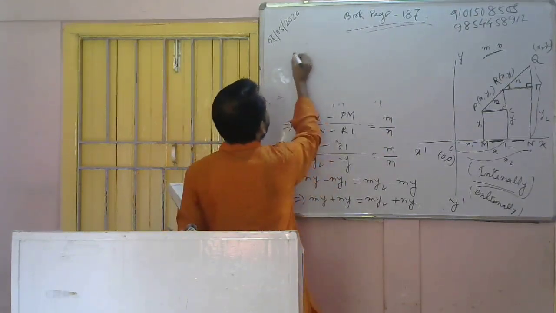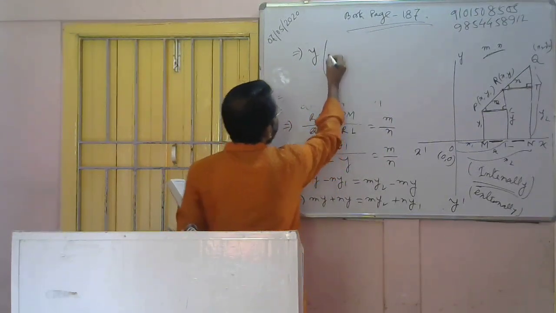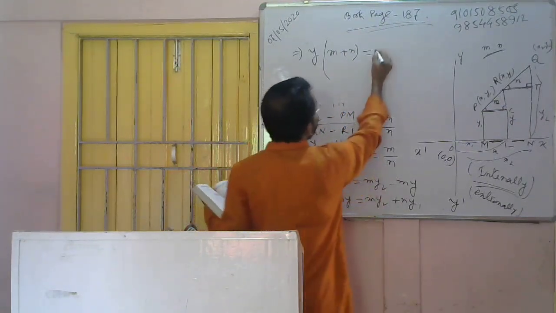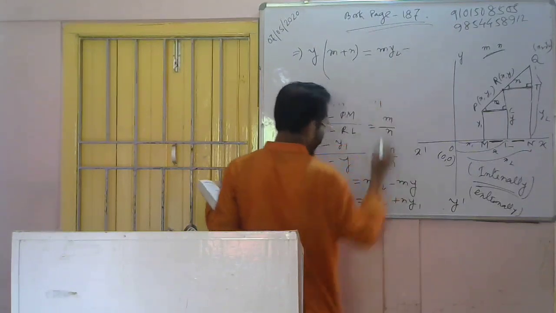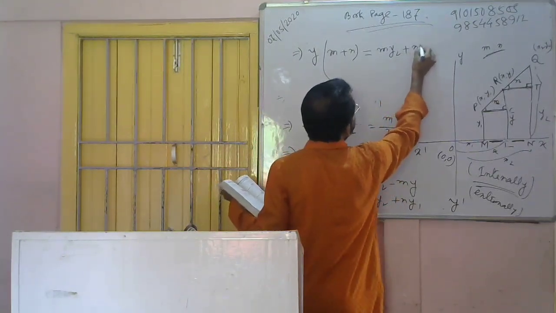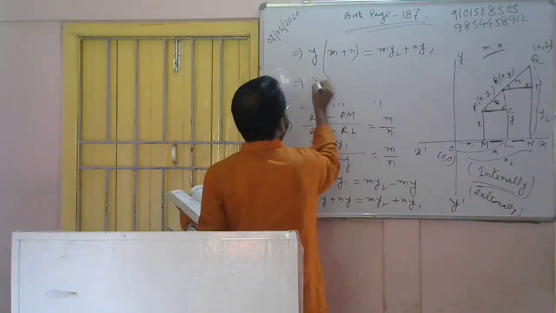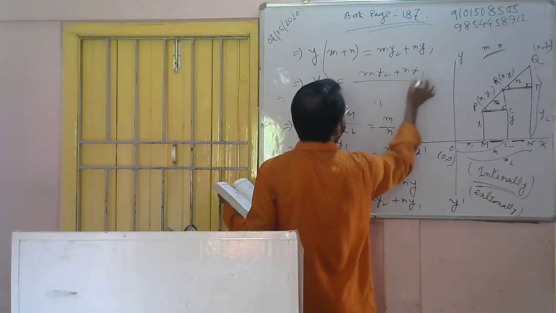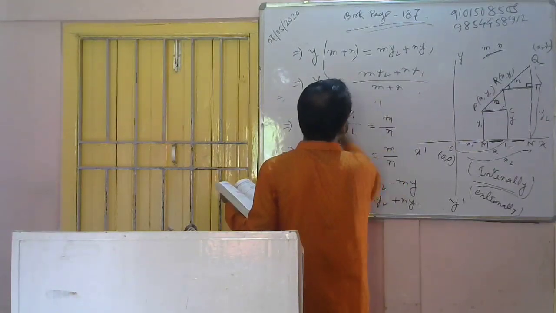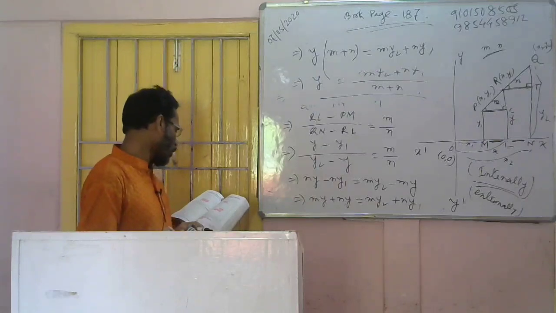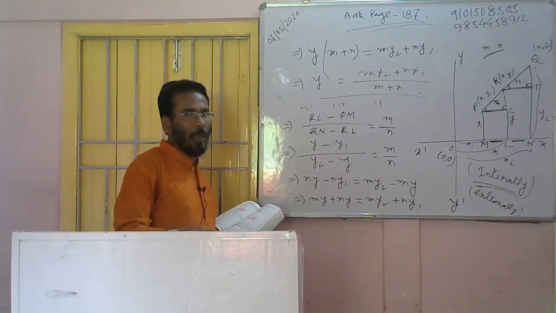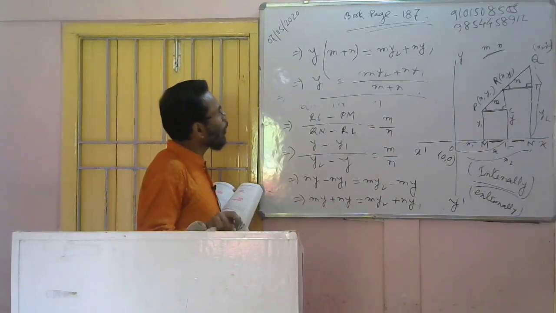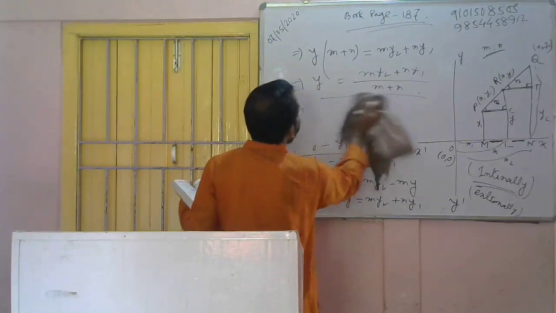So from this, if we take y common, then m plus n will be equal to my2 plus ny1. So y will be equal to my2 plus ny1 by m plus n. So earlier we got x is equal to mx2 plus nx1 by m plus n, and we are getting y as my2 plus ny1 by m plus n.